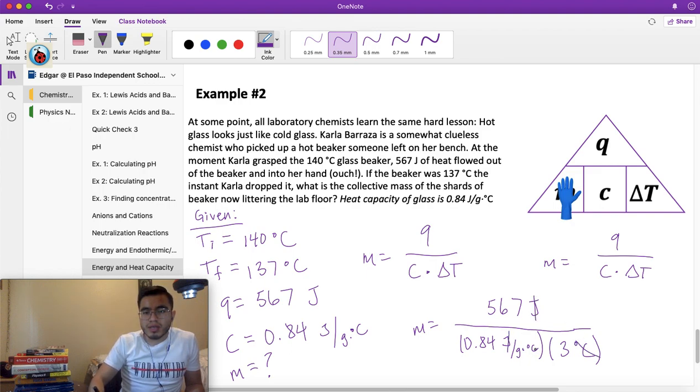Degrees Celsius cancels degrees Celsius, and we have grams only. So the mass, let me write it here, and let me use red so it stands out. Mass is equal to 225 grams. I don't need the 0.0 because we have 3 significant digits, as you can see, and this is our answer.